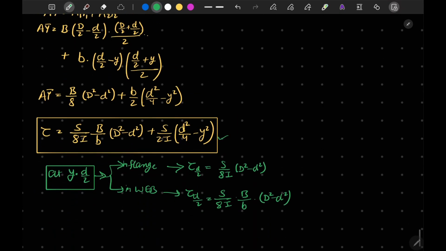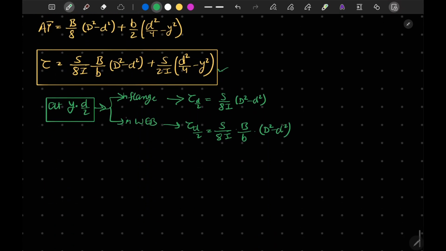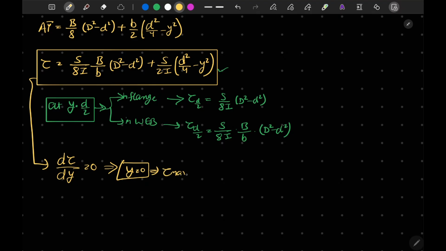We can also calculate the tau maximum. To calculate tau maximum we can use d tau by dy is equal to 0, and on solving this we obtain that at y is equal to 0 the tau is maximum. Y is equal to 0, tau maximum will exist.